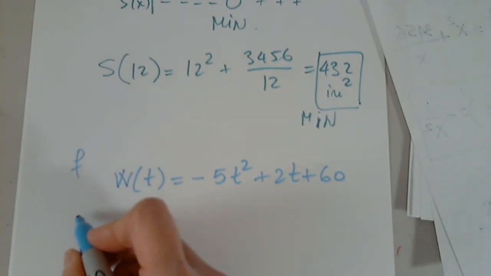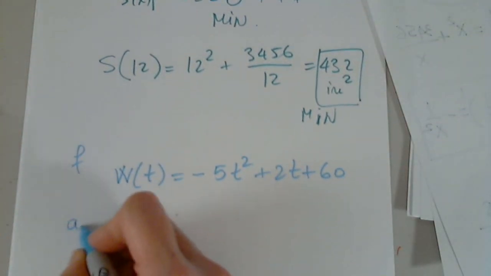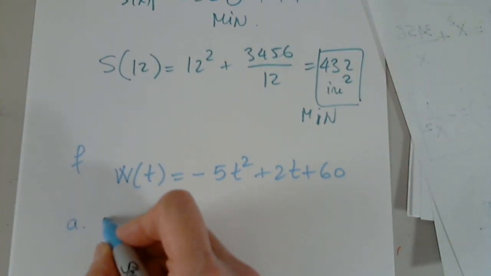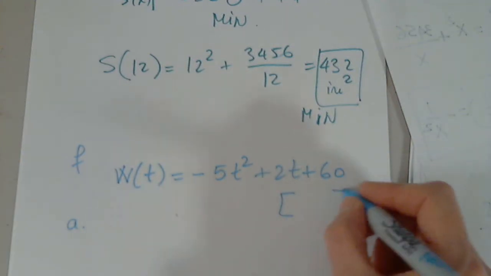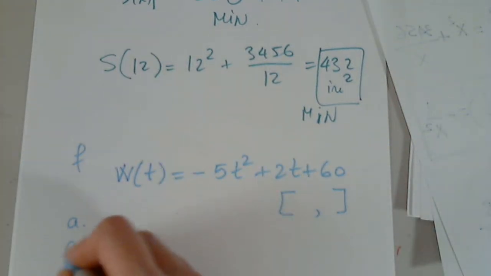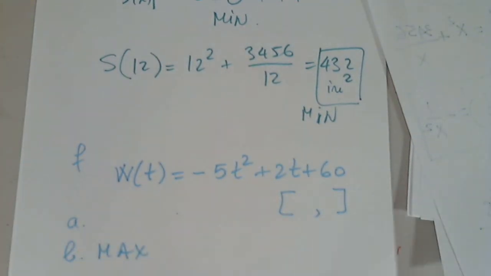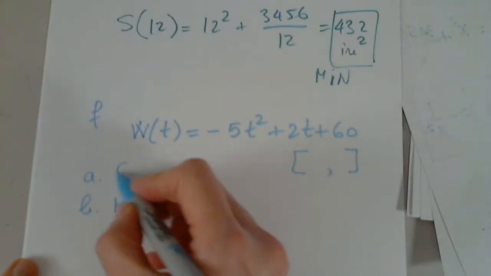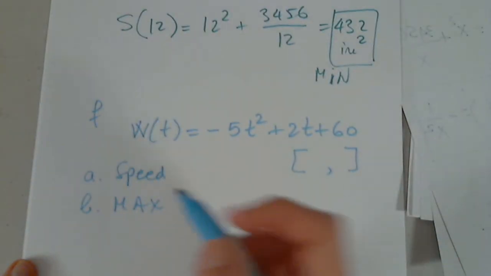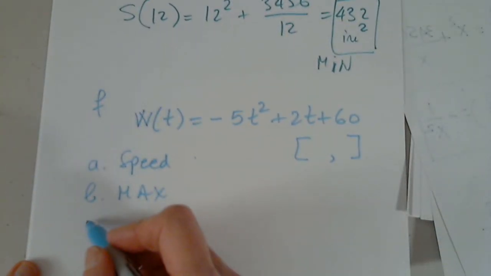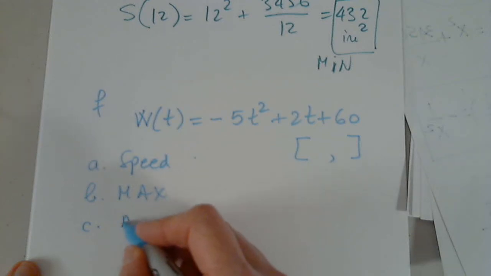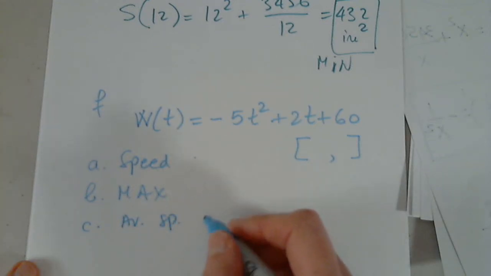Then it says: A, find the speed at the beginning of the interval. B, find the maximum speed and when it occurs. And C, find the average speed over a 6-minute interval.